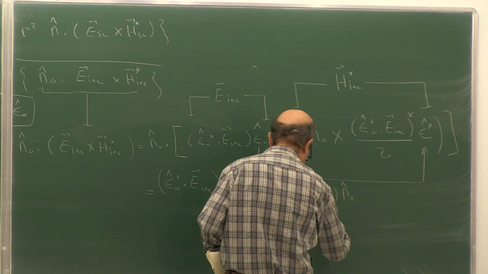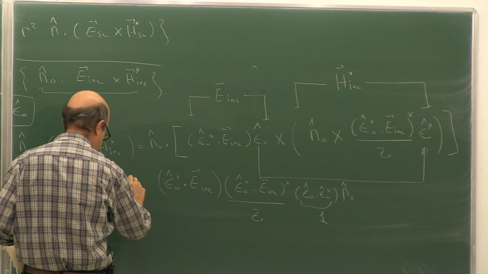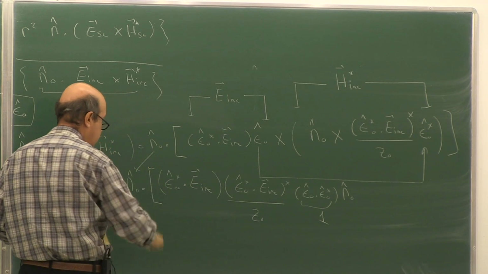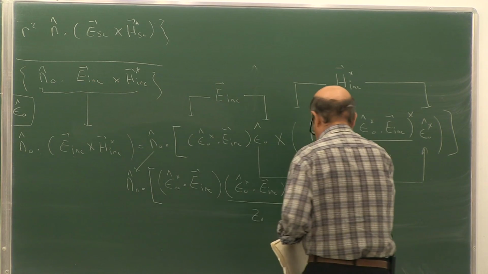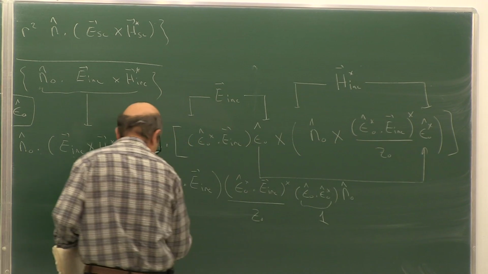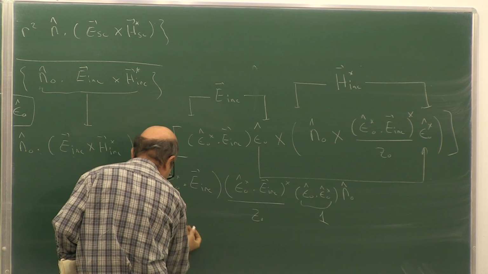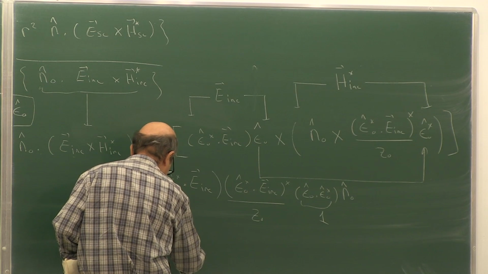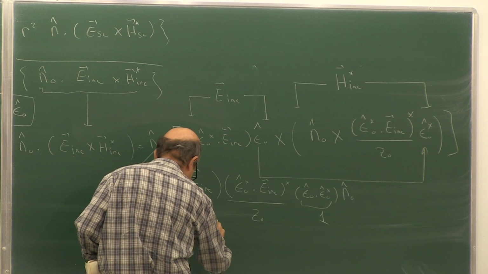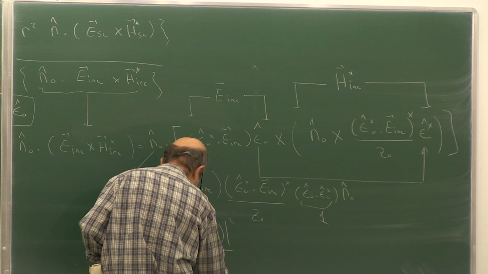So this is 1, and if you take the scalar product with N0 here, that will be 1, and N0 dot N0 will be 1 again, and you will obtain epsilon 0 complex conjugate E incident absolute square divided by impedance.